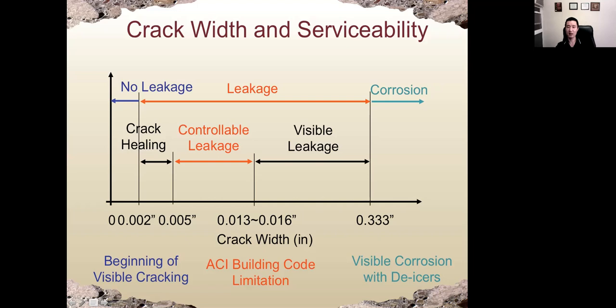Beyond that, we have visible leakage. If the size of a crack is beyond 0.33 inch, corrosion will be likely. For the ACI building code, the limitation for the size of a crack is about 0.013 inch. So as we can see, with increased crack size, we have more problems.